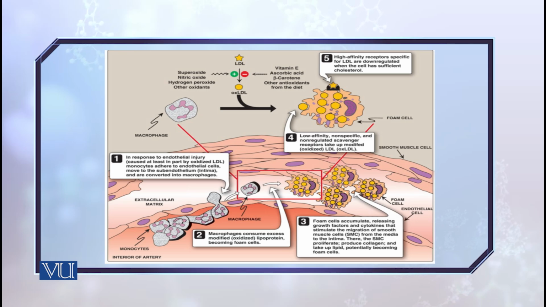These macrophages then engulf the area which contains the oxidized LDL, and they become very irregular shaped cells because of the inflammation caused by the oxidized LDLs, and these inflamed cells are known as the foam cells.